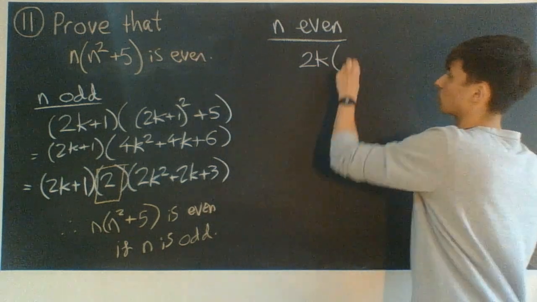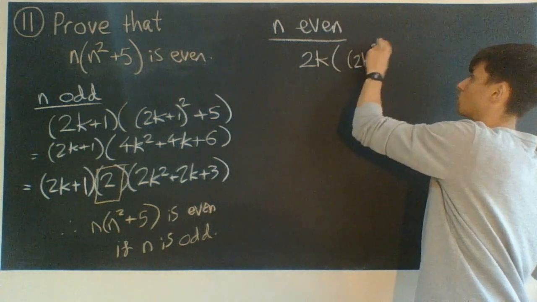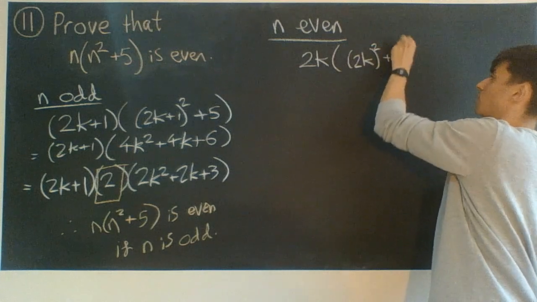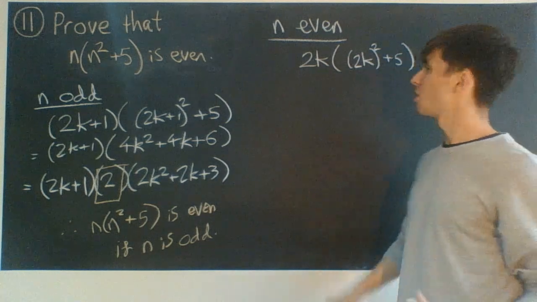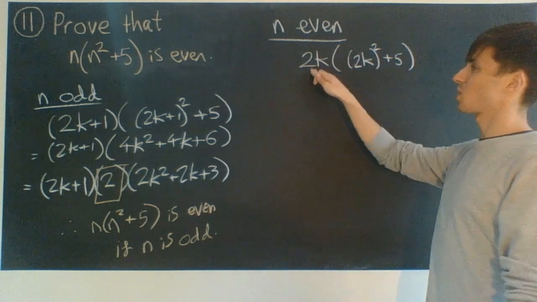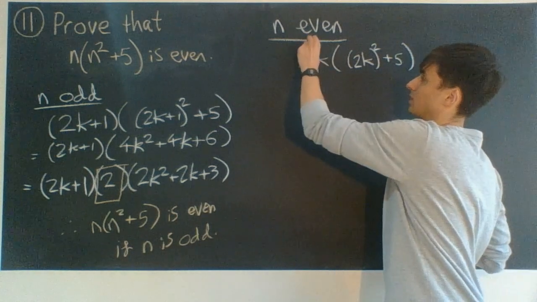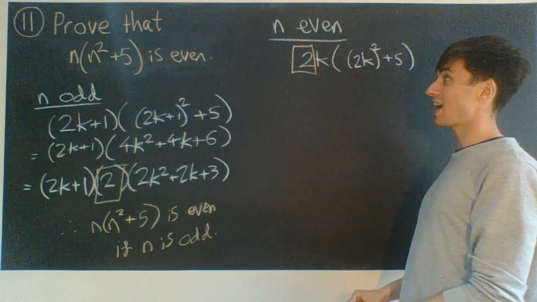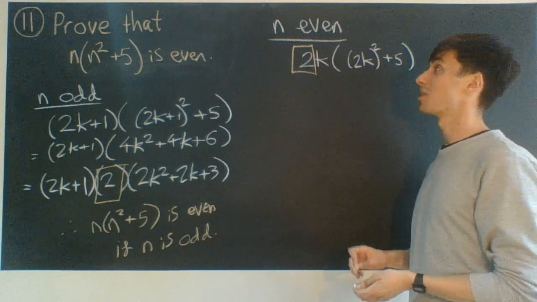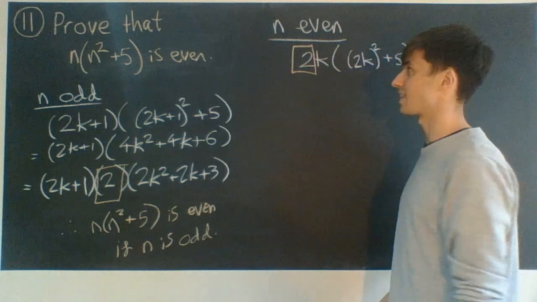And our n squared plus 5 is going to become (2k) all squared plus 5. At this point, we don't even need to bother expanding this, because whatever's in those brackets, we're multiplying it by a 2k at the front. So whatever we've got, we have to have this factor of 2 in there, and because we've got a factor of 2, that means n(n squared plus 5) must be even in this case.